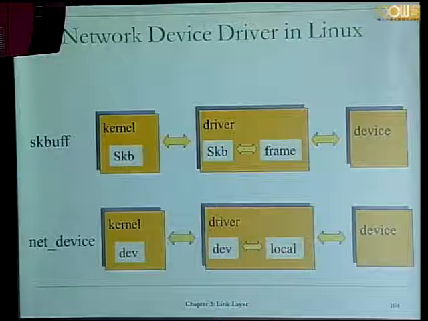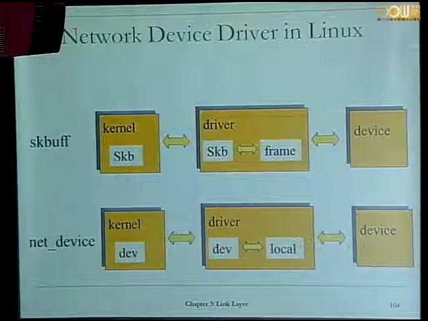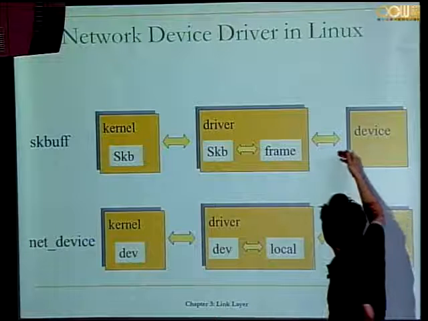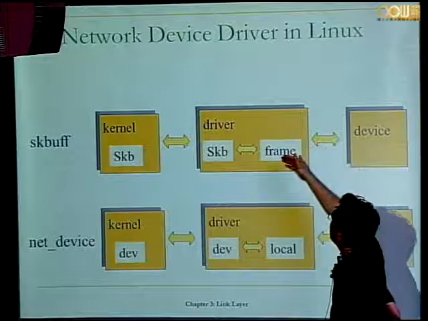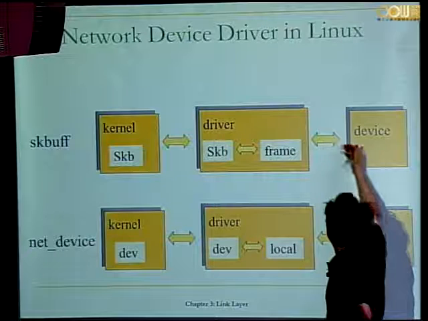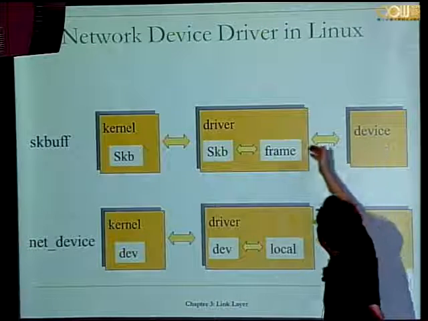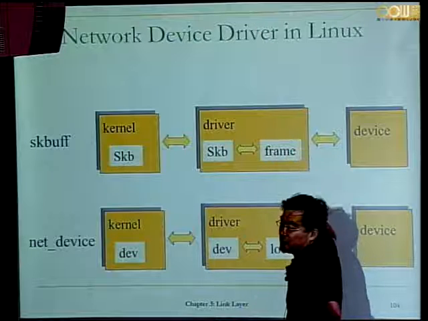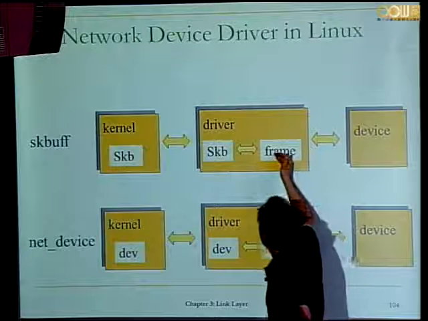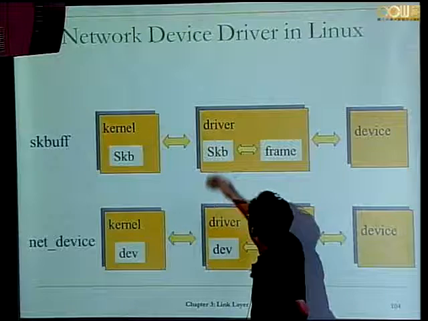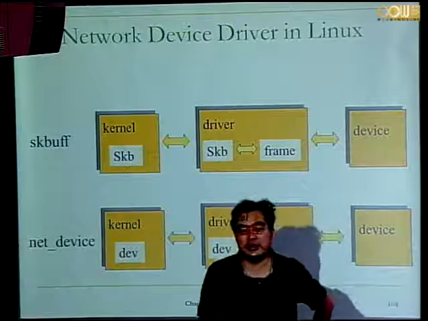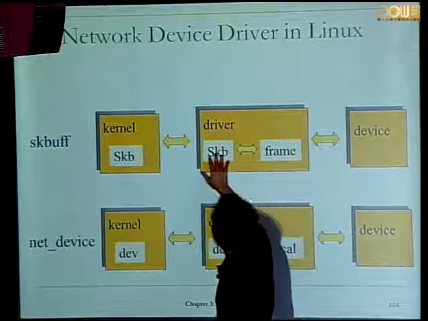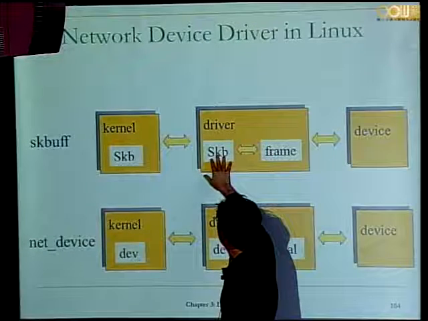Okay, so for the driver, with the device, when the data frame comes in, it will be just a frame. However, the driver needs to transform this data frame, the packet frame, into an SK buff.